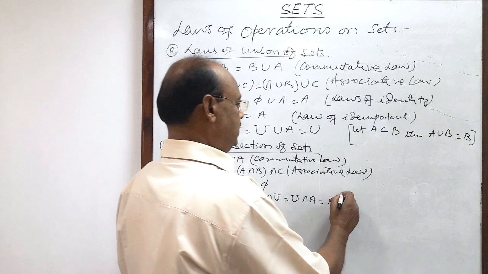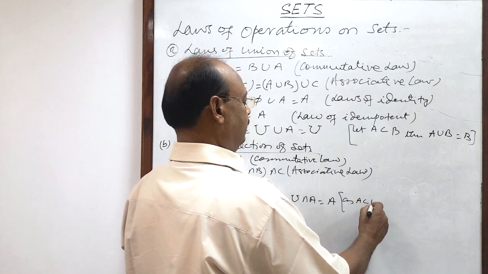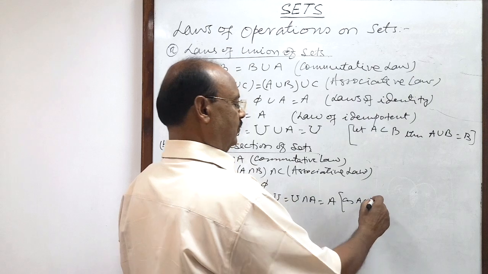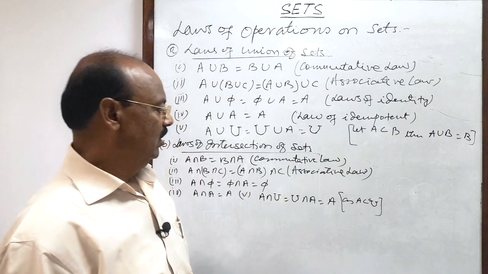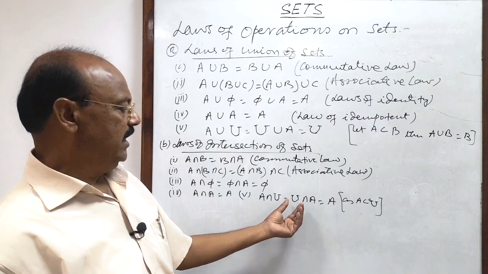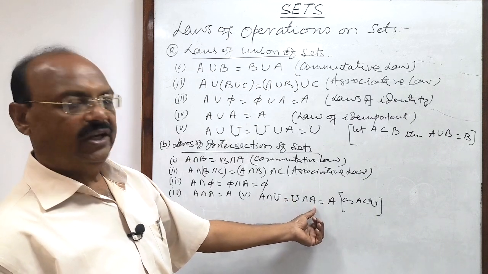Here in this case, as A is a subset of the universal set, only those elements are common which are elements of set A.